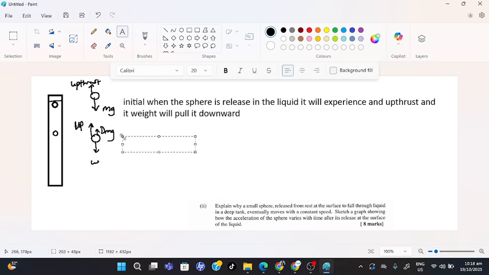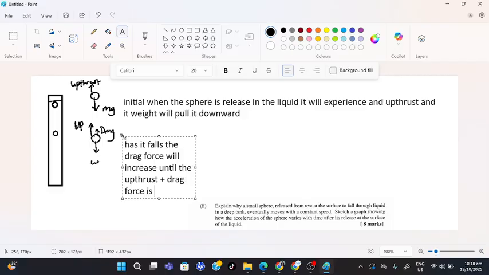And as it falls, the drag force will increase until the upthrust plus drag force is equal to the weight of the ball, of the sphere.